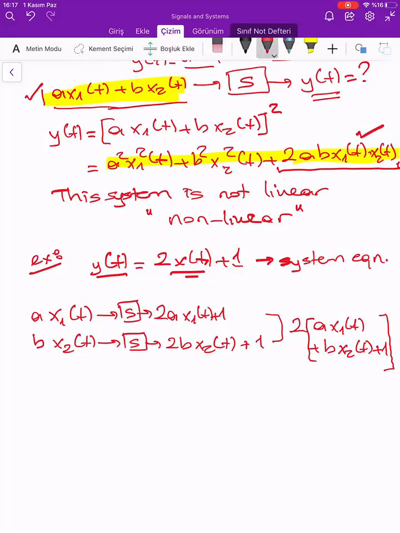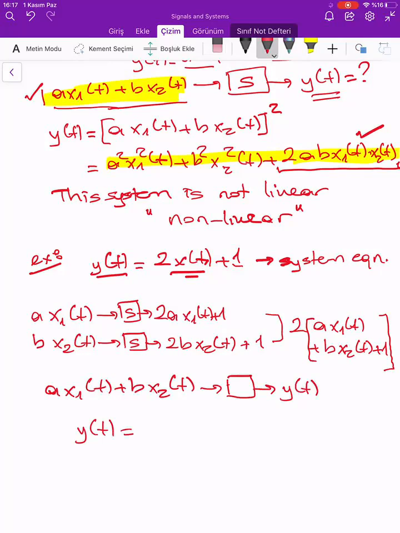So if I come back and say, if I add a x1 of t plus b x2 of t as my input, my y of t will be equal to 2 times a x1 of t plus b x2 of t, okay? And then this is my input right now, plus 1 is like that, okay?